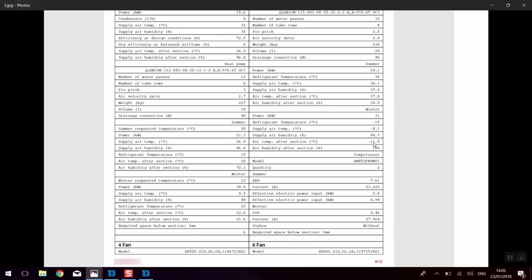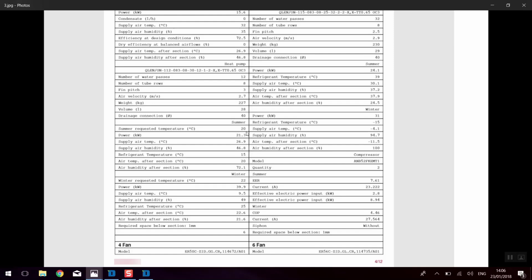The outlet temperature is minus 11.5, and it is written that the refrigerant temperature, or maybe they mean evaporation temperature, is minus 15, which for a coil with a velocity of 2.9 meters per second, we put very serious doubt on that number. We think this temperature should be much lower, and it will affect the calculations for both the evaporator and the condenser in winter mode.